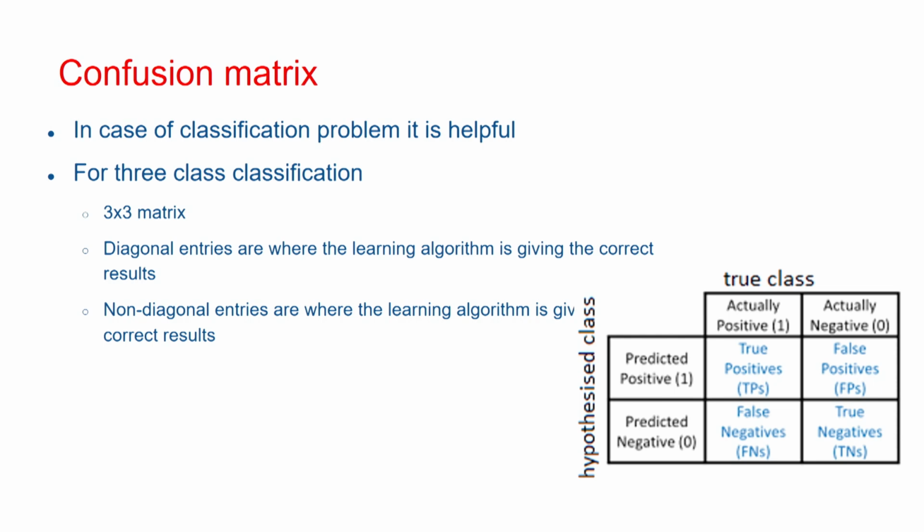And then the fourth entry corresponds to actually negative and predicted negative. Again this is correct classification. All the instances in this fourth entry are correctly predicted: their label was negative, and the machine learning algorithm also predicted the negative label for them. That is why these instances are called true negatives.